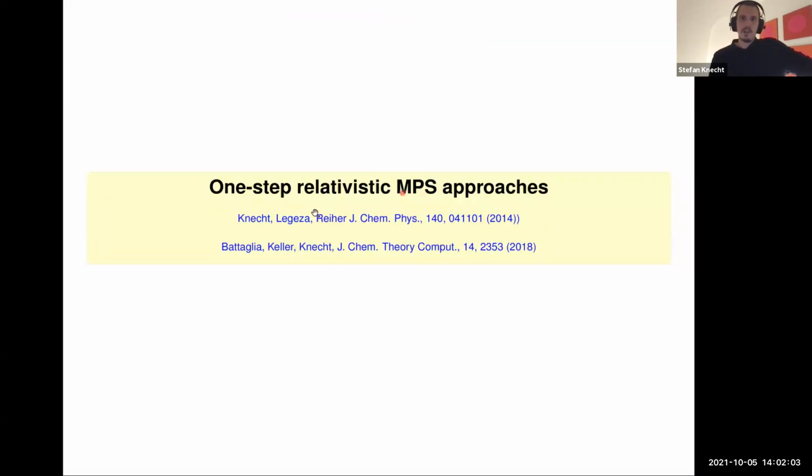This I've been working on with Markus Reiher in Zurich, while he was visiting us in Zurich back in 2014. Later on, we implemented that and made a new formulation also in our QCMaquis DMRG code.